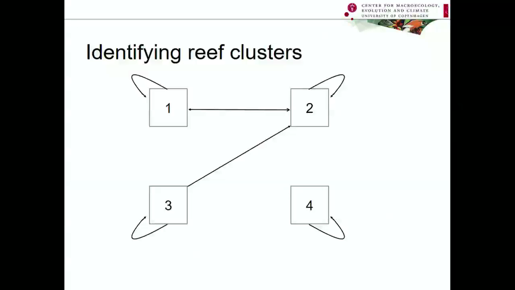So in order to do my analysis, I generated reef clusters, and this was necessary because of differences in the resolution of the data for species ranges, which is fairly low resolution data, compared to the connectivity data from Sally Wood et al., which was a much higher resolution. So in this figure here, you see 4 reefs exchanging larvae. I've clustered reefs based on where they receive larvae from, under the premise that reefs that receive larvae from similar locations will have similar assemblages.